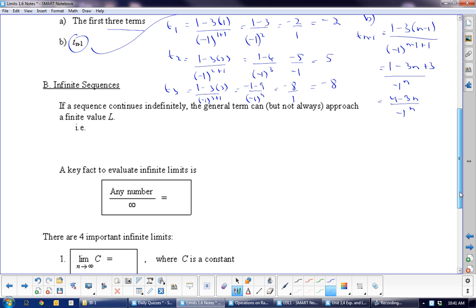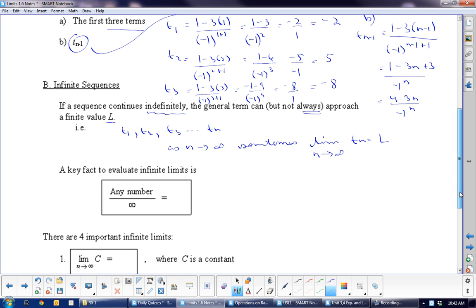Next, infinite sequences. If a sequence continues indefinitely, the general term can, but not always, approach a value of L. So if you went T1, T2, T3, all the way to Tn, as n approaches infinity, sometimes the limit as n approaches infinity of Tn does equal L. Sometimes.